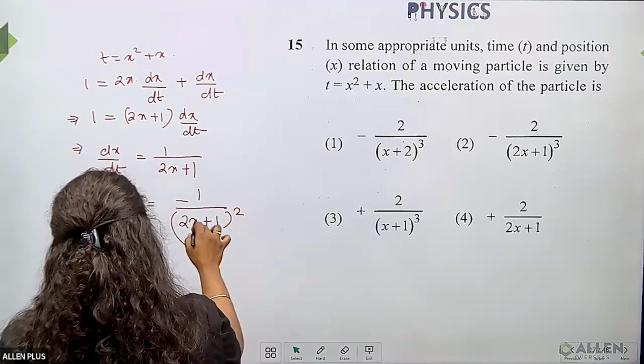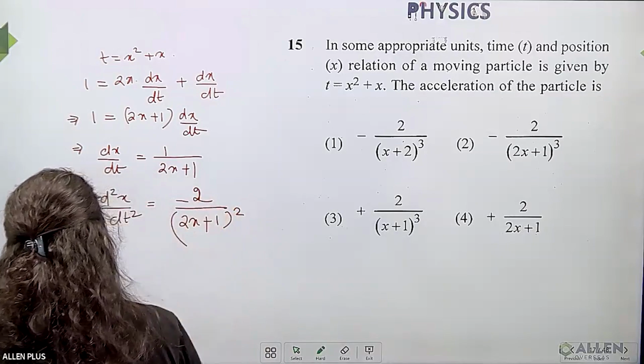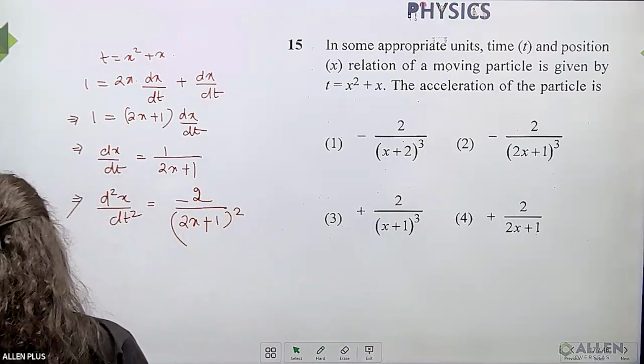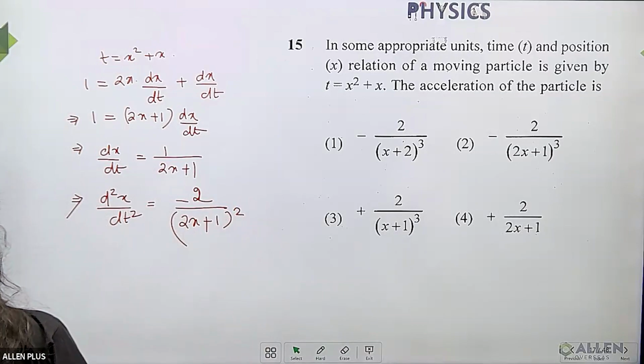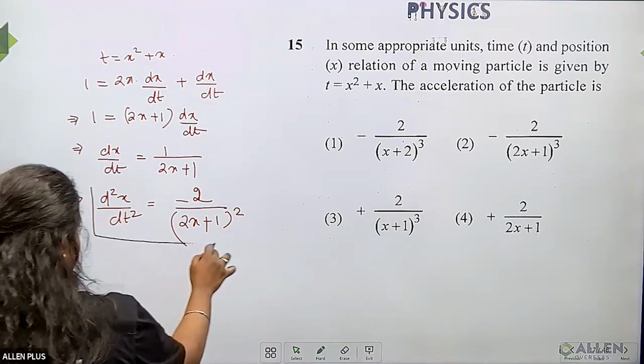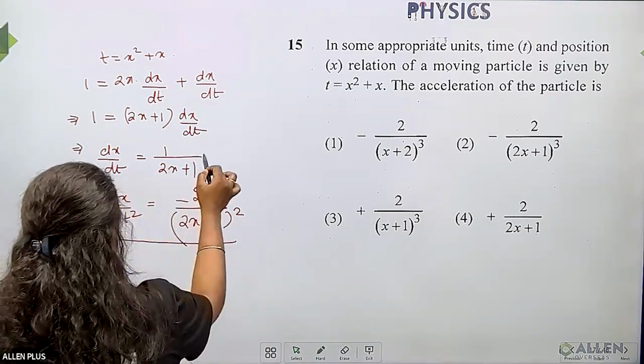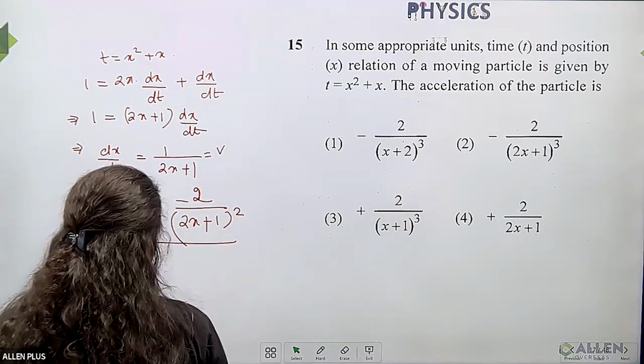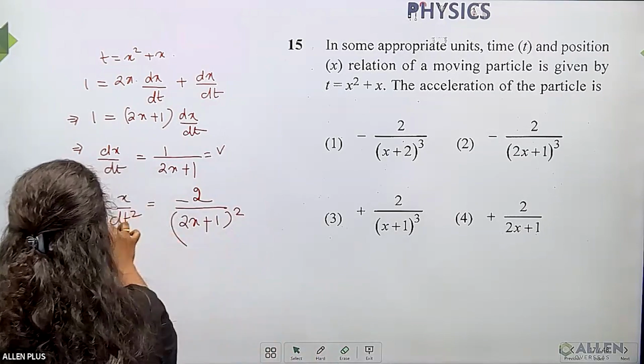Again applying chain rule, differentiation of 2x will give you 2 over here. Okay, this is the value of d square x by dt square. This is the value of the velocity.